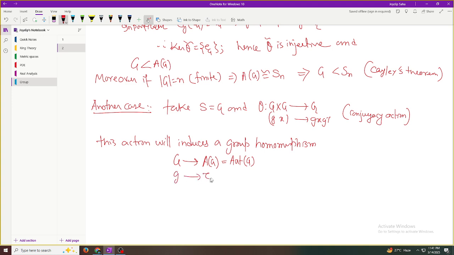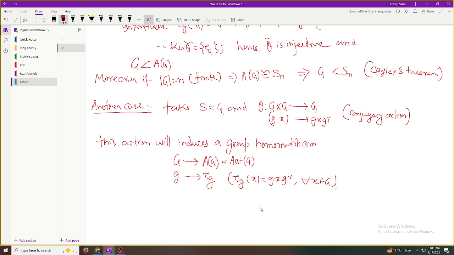G goes to tau_g, where tau_g of x is g x g inverse for all x belonging to G.